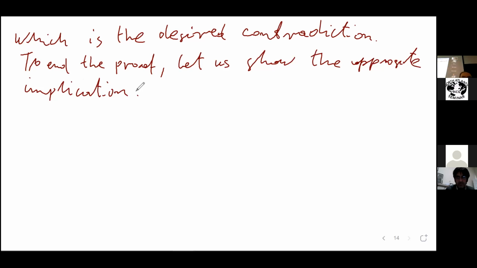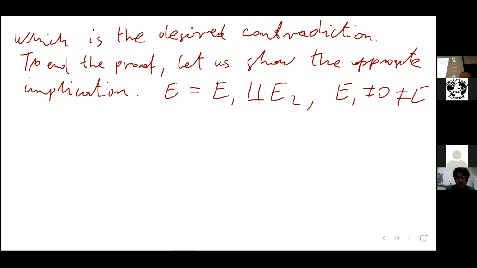So we have a decomposition, this is by assumption now, into disjoint non-empty subgraphs. But then it's clear that, first, it's obvious that KE1 is not 0 and KE2 is not 0 because E1 and E2 are non-empty graphs.